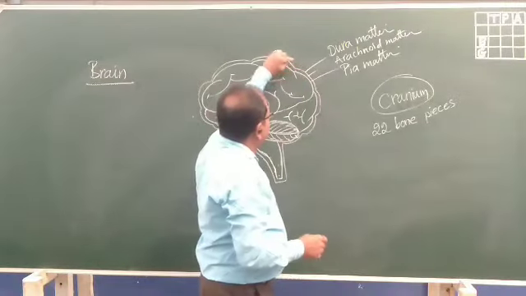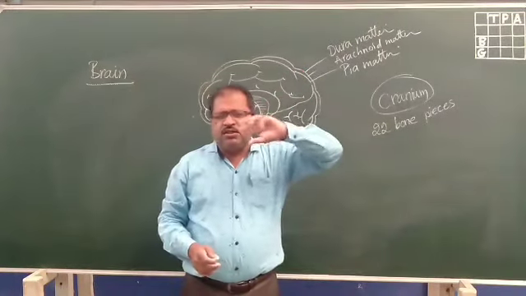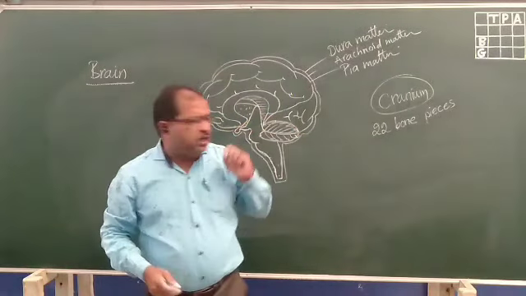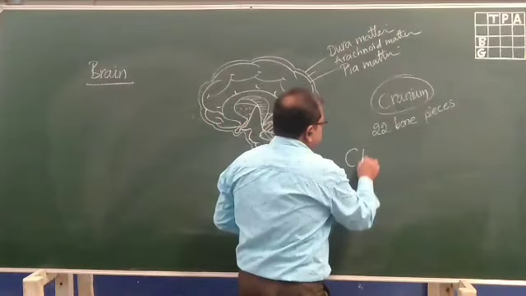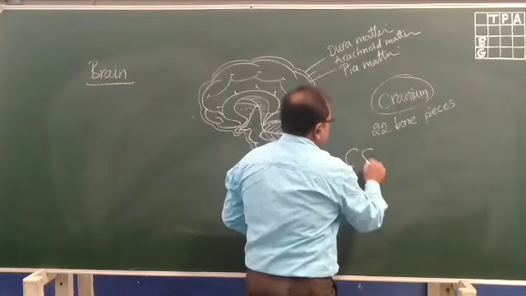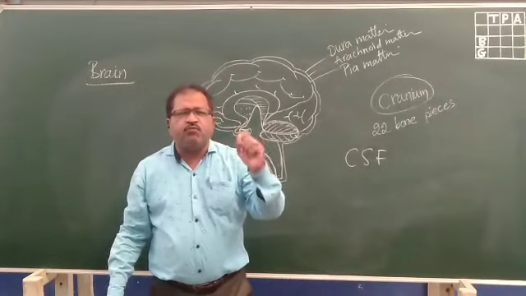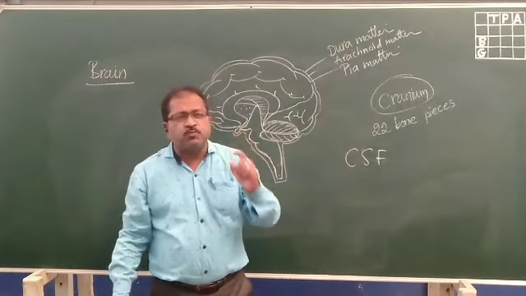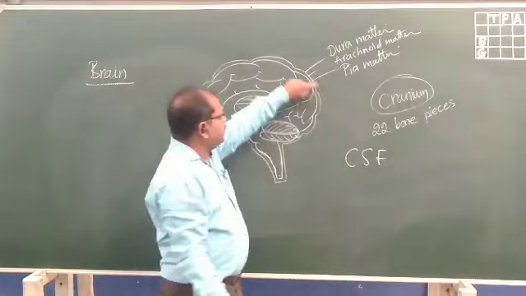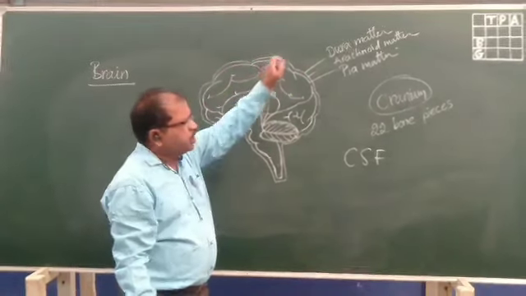Between these three layers there is a gap. This gap is filled with a fluid called CSF, that is cerebrospinal fluid. Cerebrospinal fluid is presented in between these gaps of the dura mater.